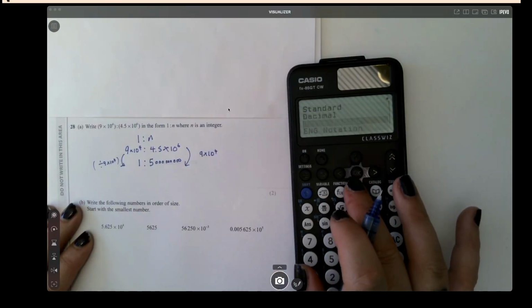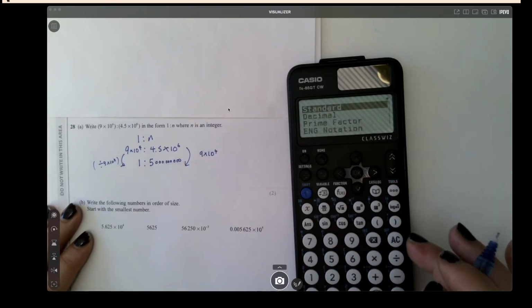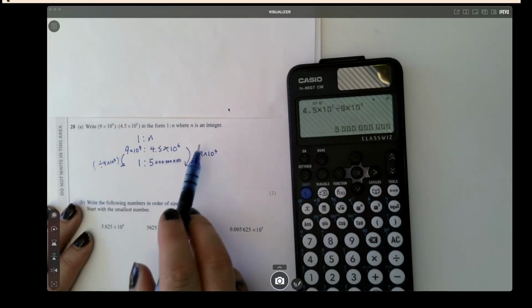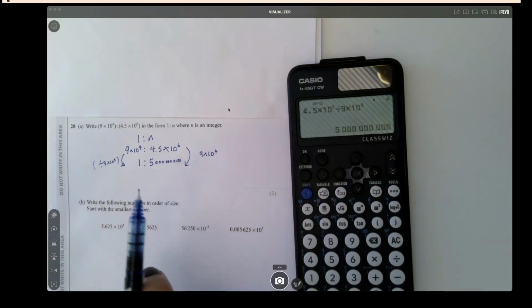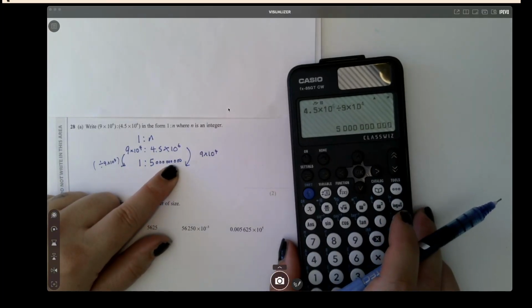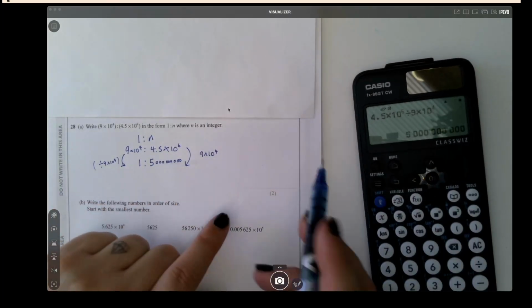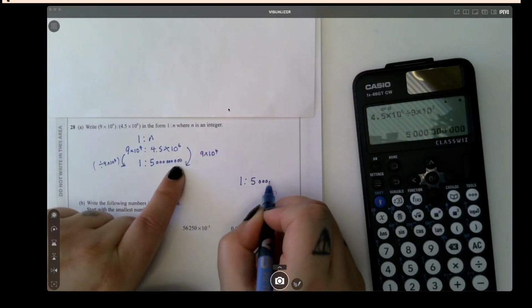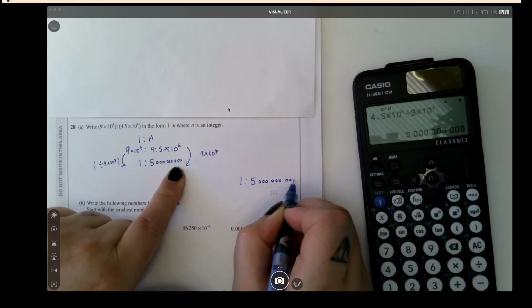Will it let us change it? No. So we can actually write that on our answer line. We don't need to, it doesn't say to convert it back to standard form. Just be careful with those number of zeros. Yeah? So let's write it 1 to 5, 1, 2, 3, 1, 2, 3, 1, 2, 3.